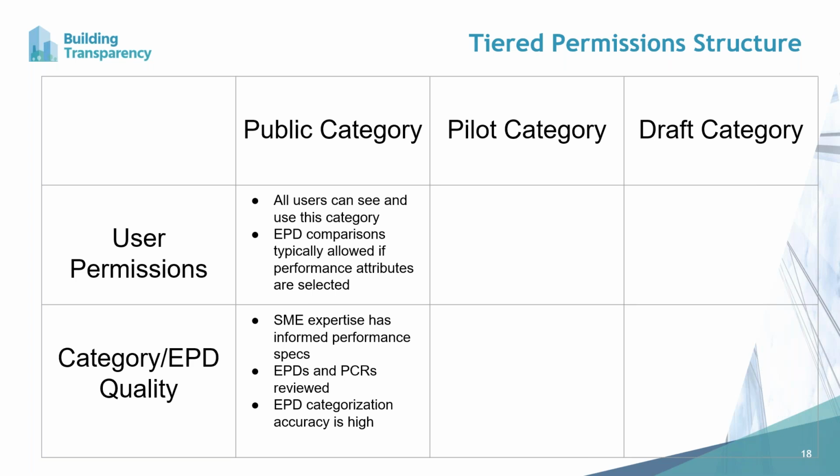We've reviewed them and even potentially done some of that work with manufacturers to say, okay, what EPDs are out there? Are we categorizing them accurately? EPDs are being parsed into this category. Did we do it right? Let's do a bunch of manual checks.